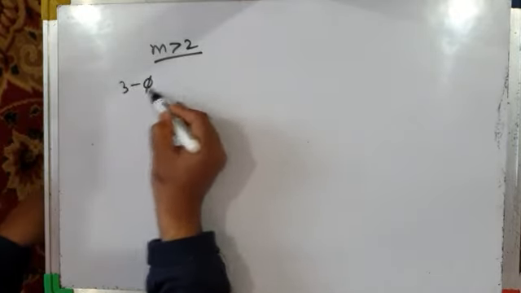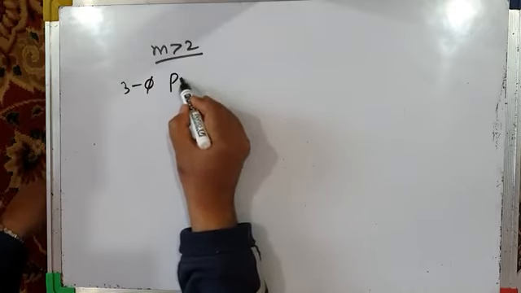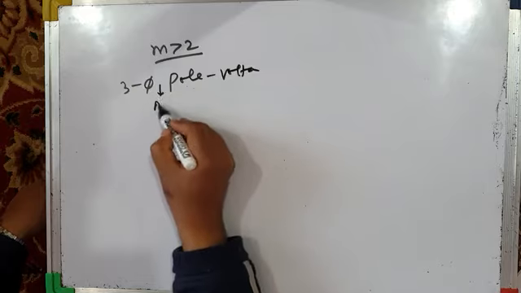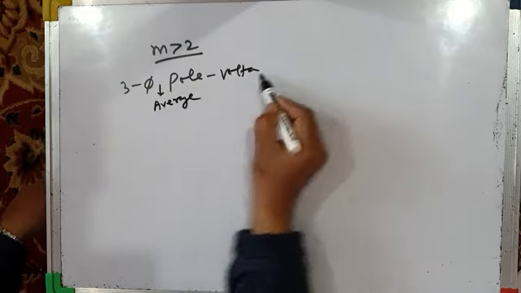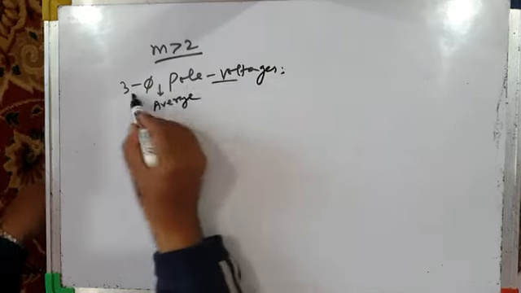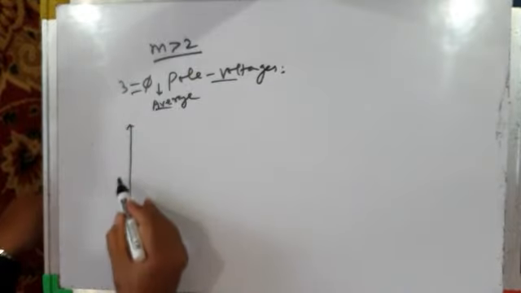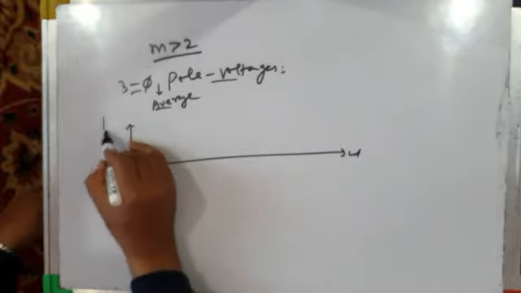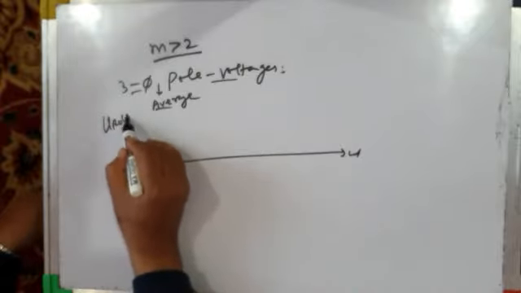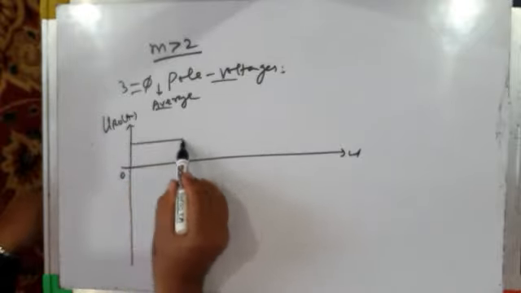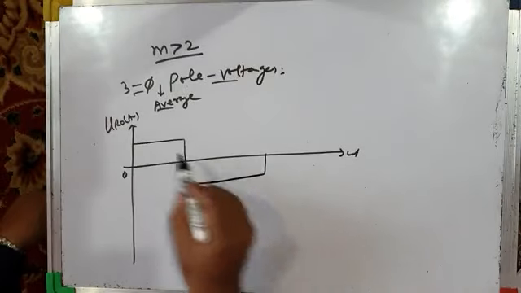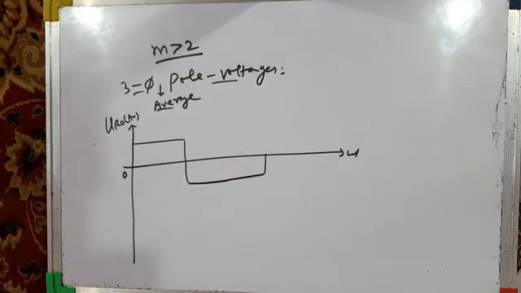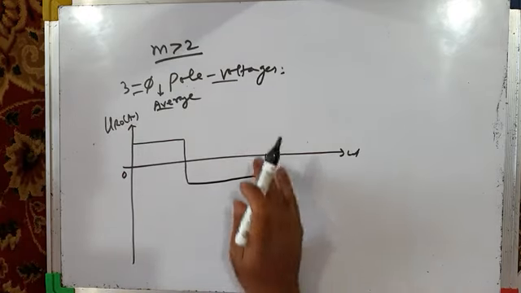and 3-phase average pole voltages will be like this. I can draw them separately. For example, this is average pole voltage, VRO average. It will be like this. It's 180 degrees. There is pulse dropping for entire half cycle, 180 degrees.